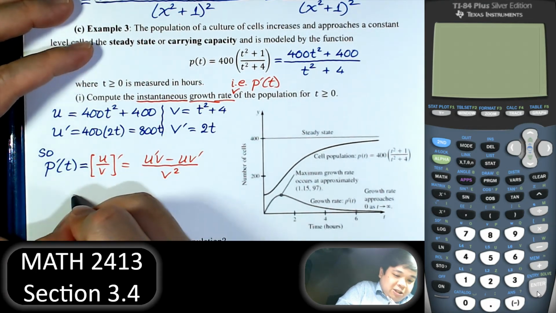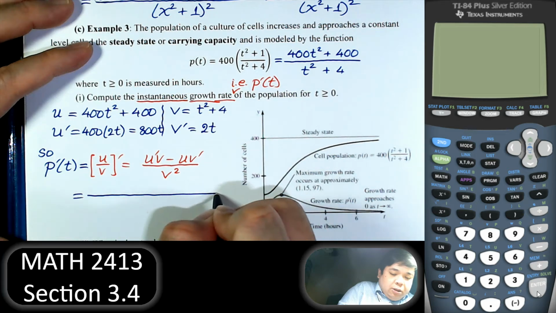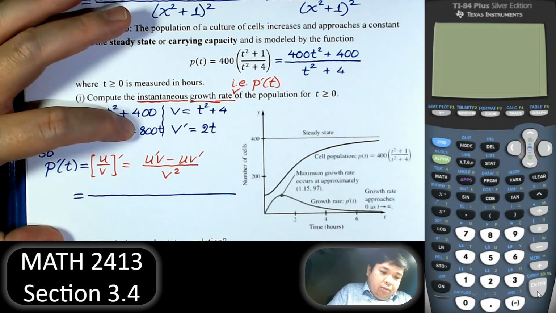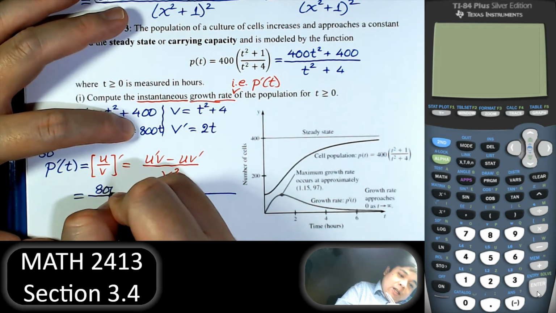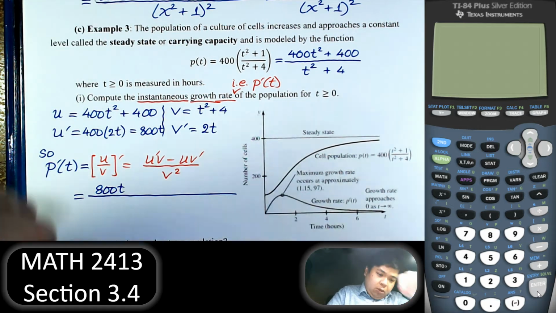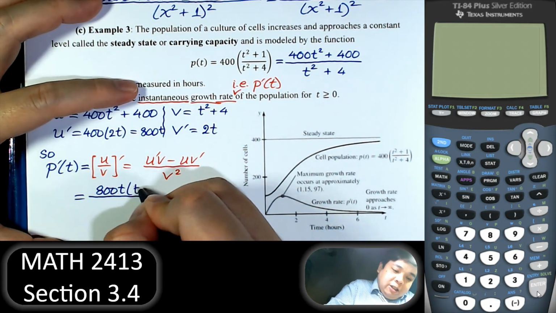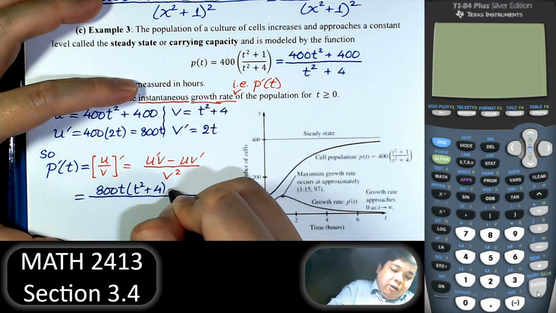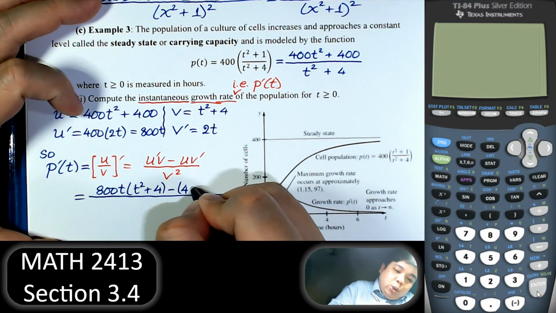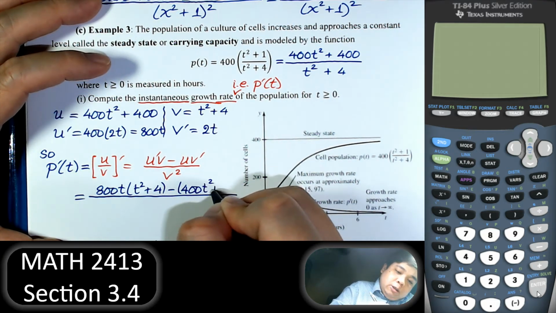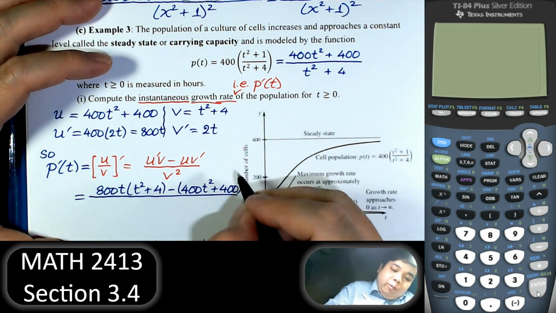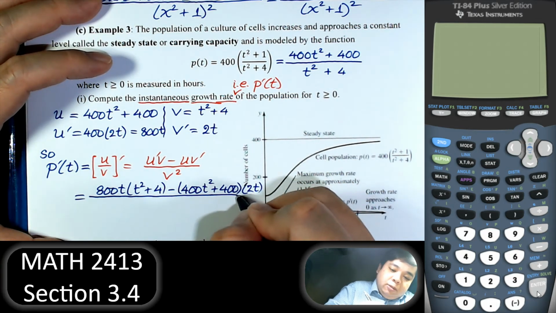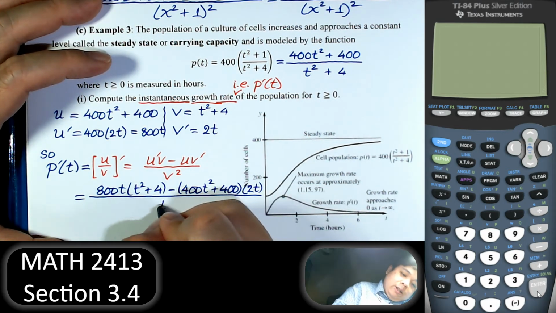Right? u prime v minus u v prime over v squared.